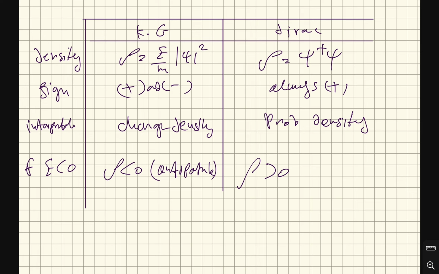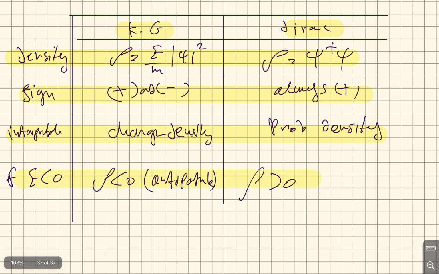This is Dirac's main motivation: find an equation with positive definite probability. So in this way, we managed to see the main difference between Klein-Gordon and Dirac from scratch up to probability density. Thank you.